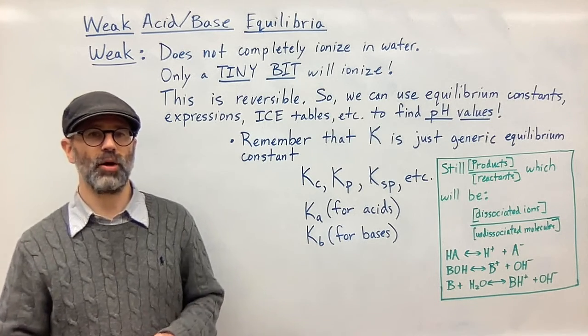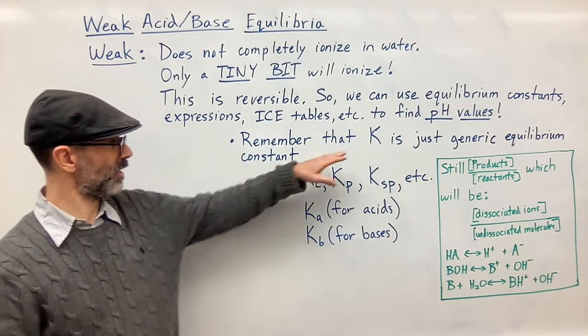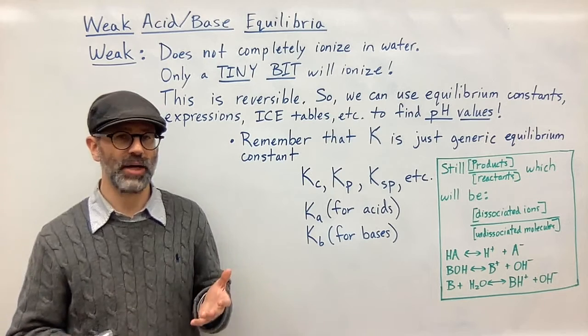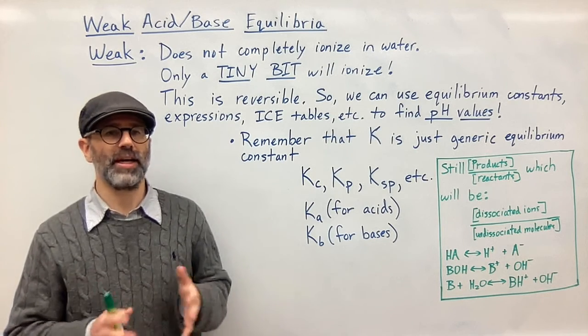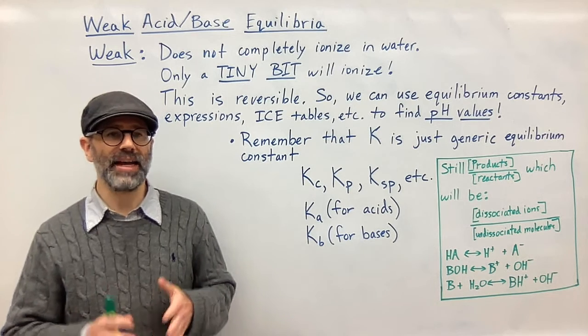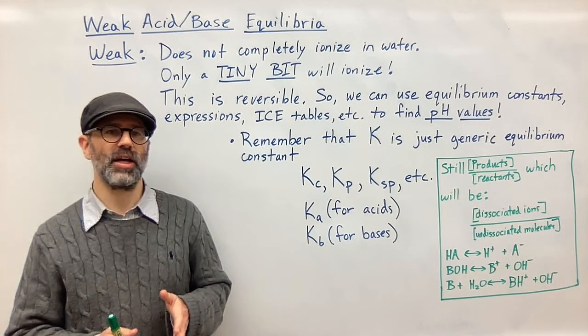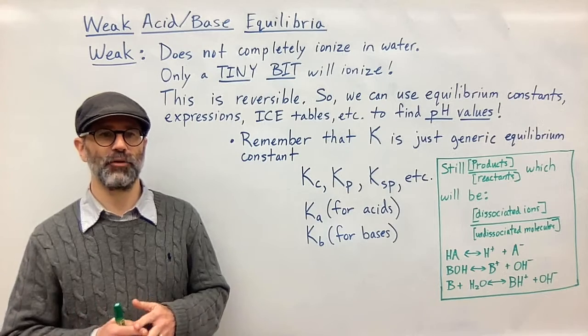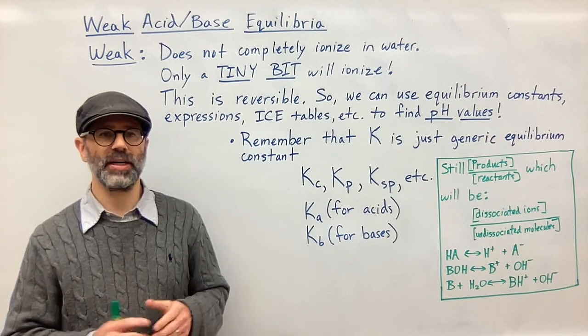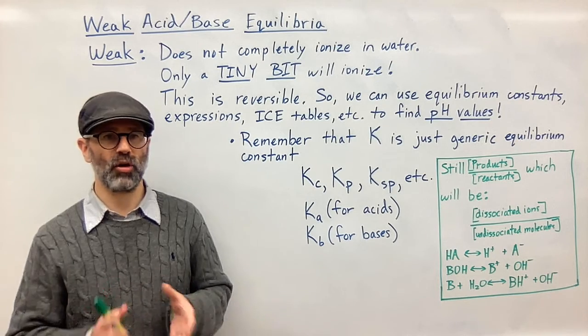One of the things we want to remember is that K here is just a generic equilibrium constant. That's what K stands for. And then that equilibrium constant is given different names and different symbols depending on what system you are looking at.